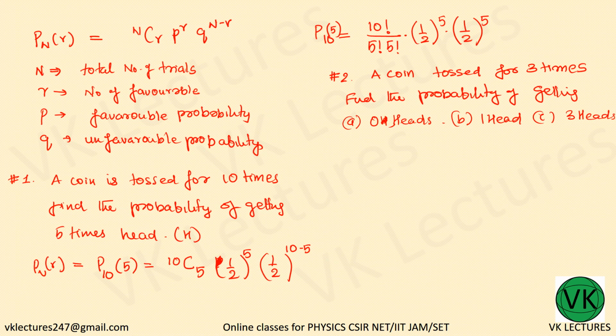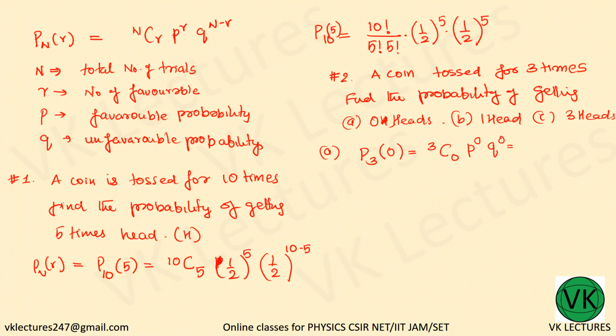So the first one, how many trials? Total number of trials is 3. 0 heads, so r equals 0, that is 3C0, p to the power 0, q to the power 3.